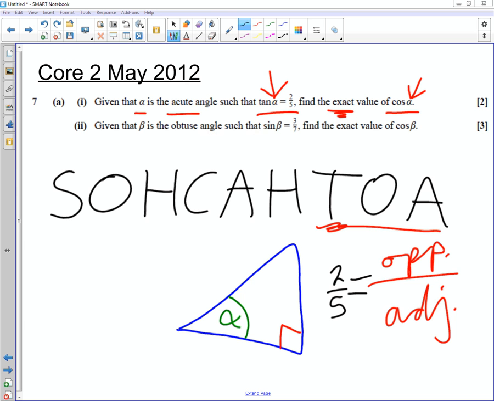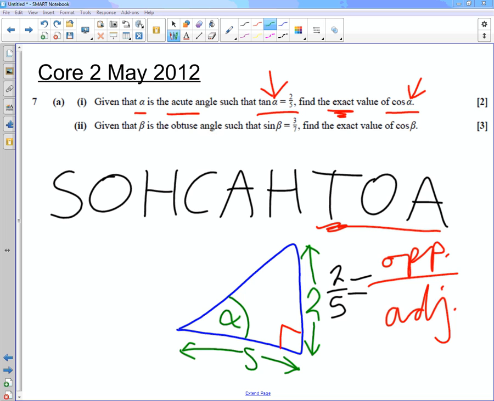So our opposite side has got a length of 2, and our adjacent side, not the hypotenuse, has got a width of 5.